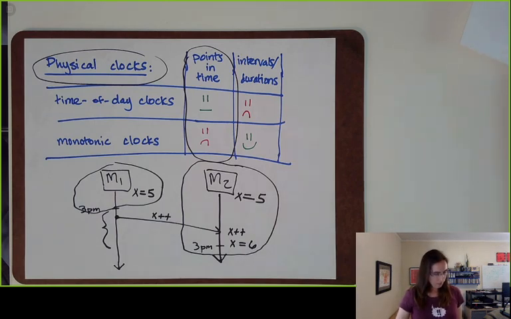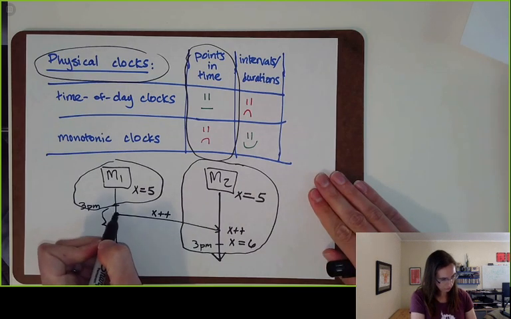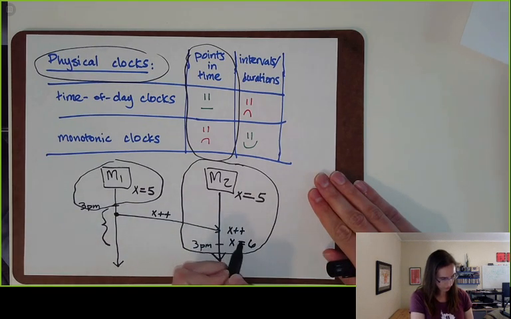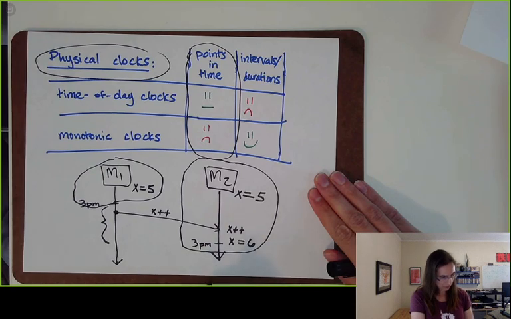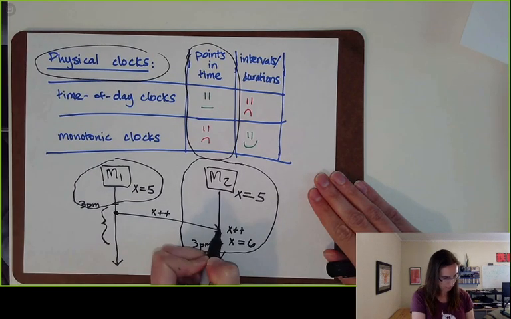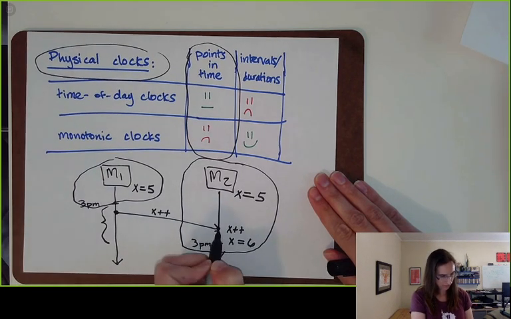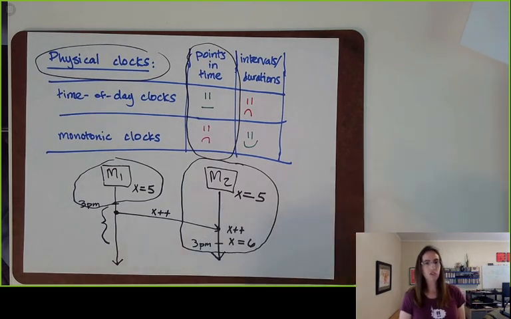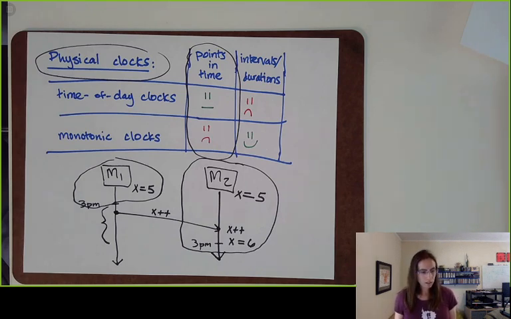But if we can figure out that it was this increment here that caused X to be 6 over here, and we know that that happened before this in the sense of logical clocks, in the sense of the happened before relation, then that's useful information. It helps us understand what happens.